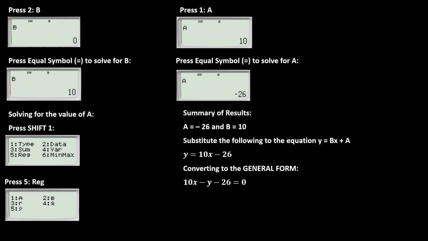And converting it to the general form, our final answer to this given CE board exam problem is 10x minus y minus 26 equals 0.